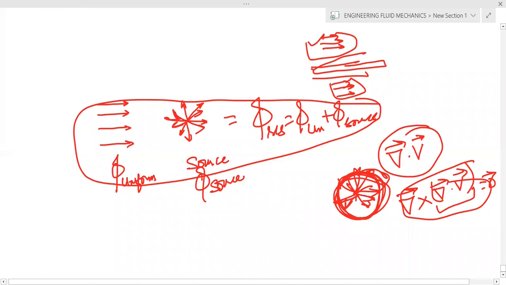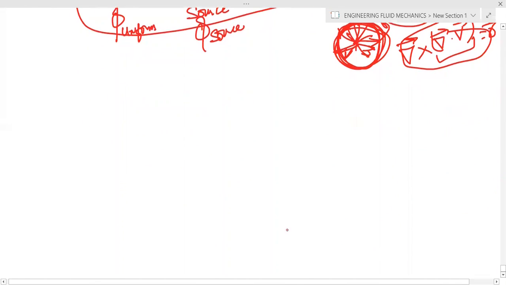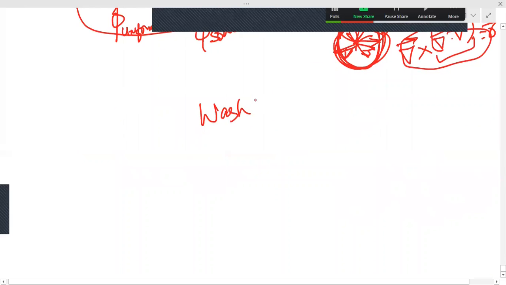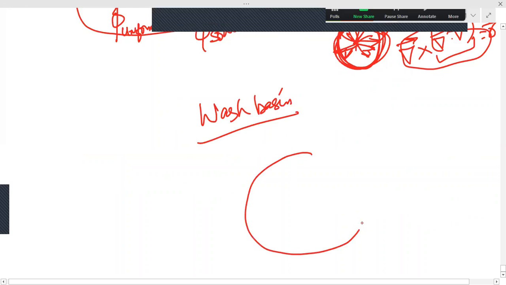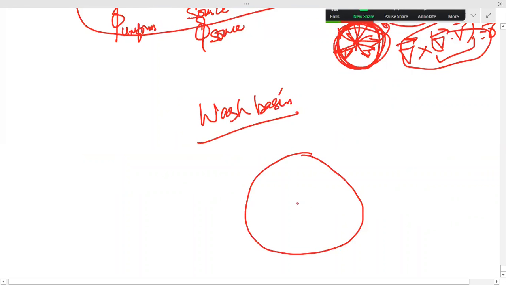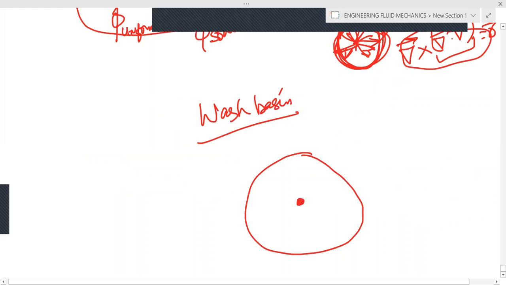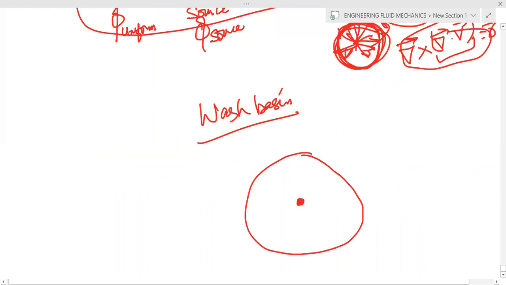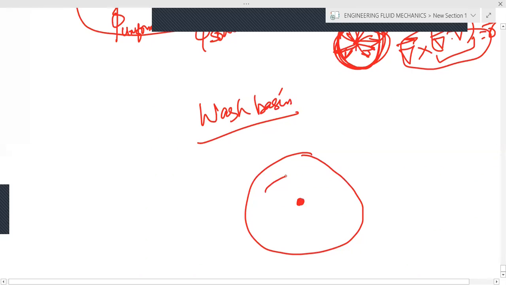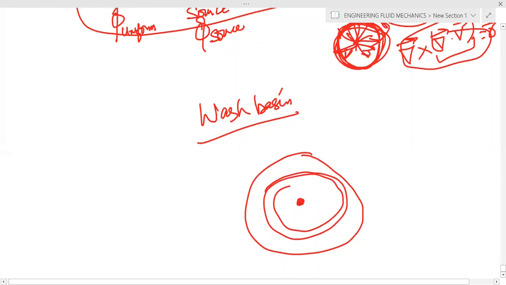Likewise, think about another kind of elementary flow. All of you have seen a wash basin. Try to think about when you brush your teeth, and say this is the drain, and water has filled here and is stagnant. You quickly remove the plug. What will happen? What kind of motion do you see?